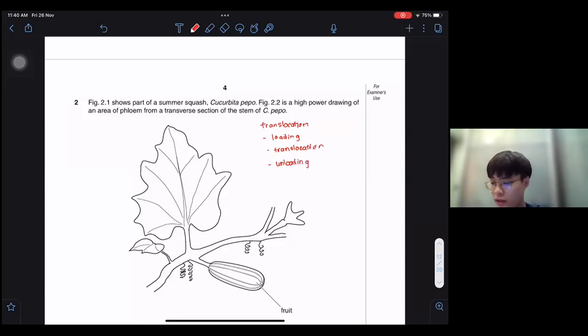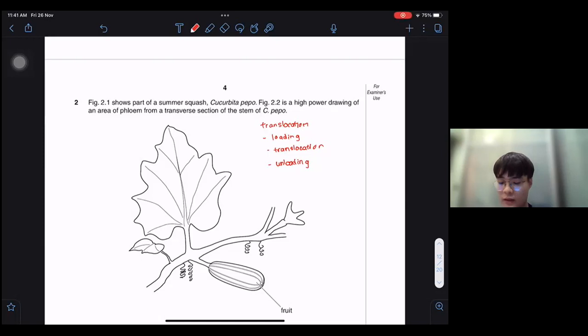So what is translocation? It's the transport of soluble organic and inorganic substances from the source to the sink. An example of the source is leaf, onion, carrot roots. And for the sink it is roots, fruits, flower, or other regions of growth.